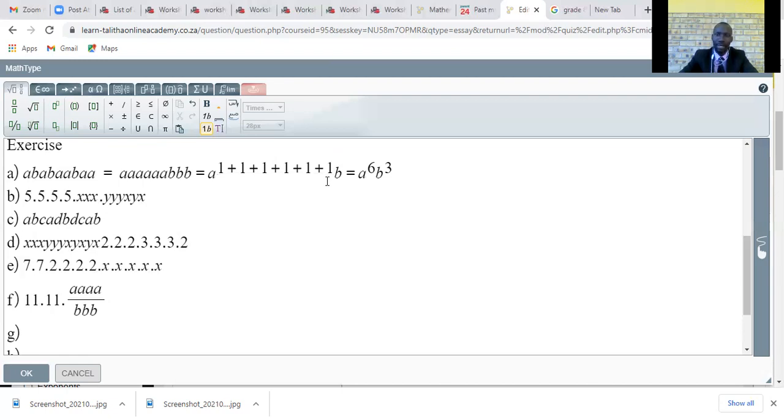Then now a B with how many ones? 3 on top. So B with the exponent 1 plus 1 plus 1, because there are 3 B's there.